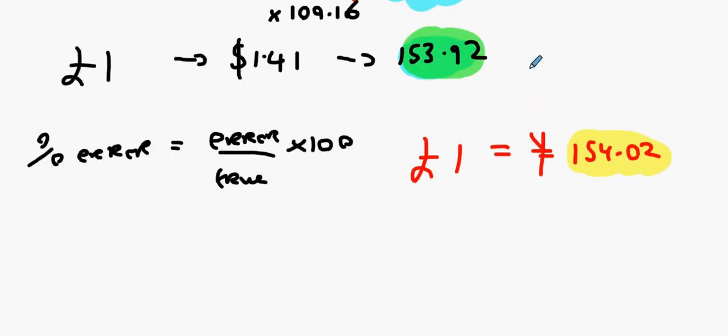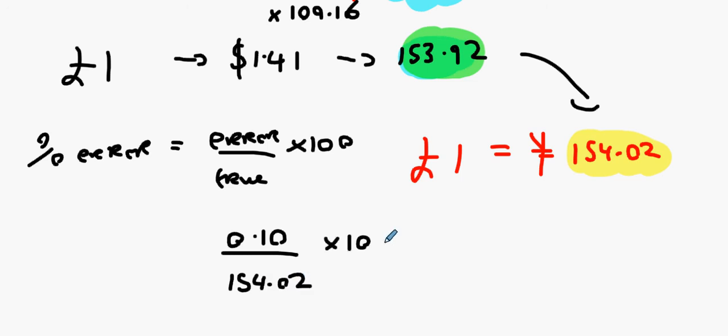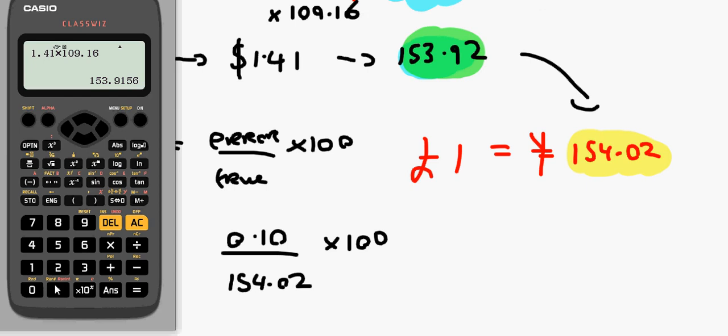But what should it be? So how far am I out? I'm out 10 cent or 10 yen units, whatever they're called. So did everybody agree I'm out 0.10? If I take the green away from the yellow, I get 0.10, don't I? What's the true value, the yellow or the green? The yellow is what I looked up online. And then I multiply that by 100, and that will give me my percentage error.